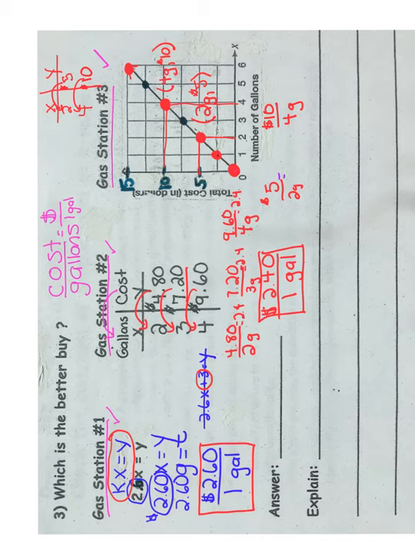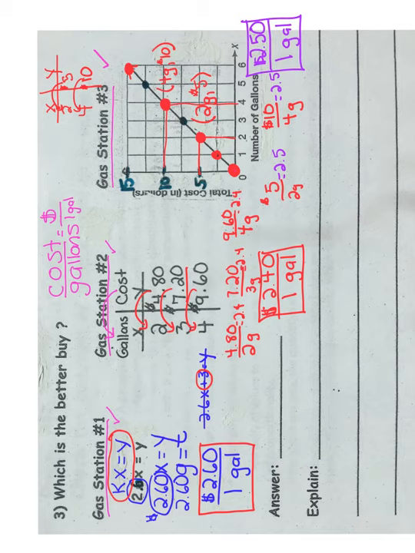Your rate in each case is 2.5. Written as a ratio, you would say $2.50 per 1 gallon of gas.